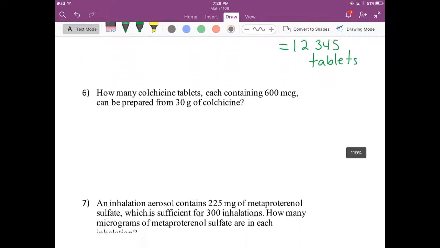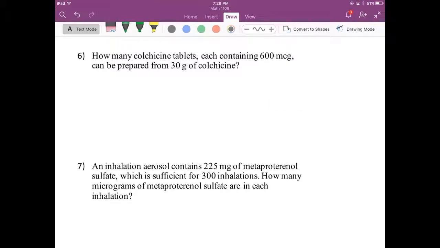Okay, let's look at another one. How many colchicine tablets, each containing 600 micrograms, can be prepared from 300 grams of colchicine? So the first thing I see, I have an each, and I have a total. So again, we're doing a division here, but I have grams and micrograms, so I need to convert.